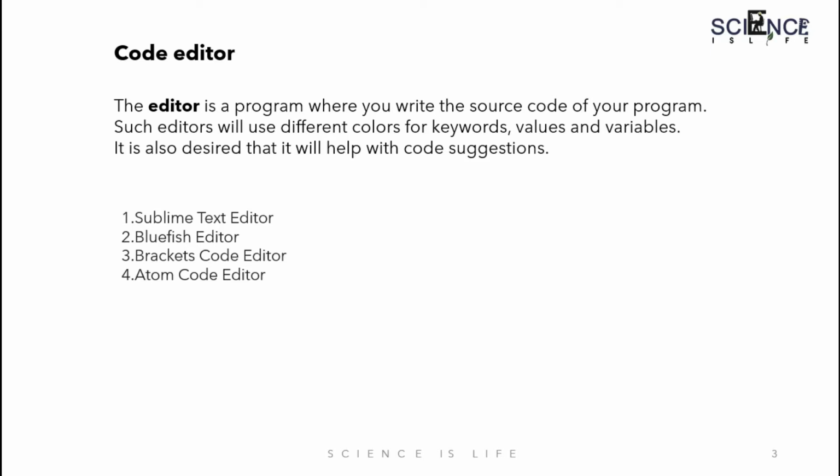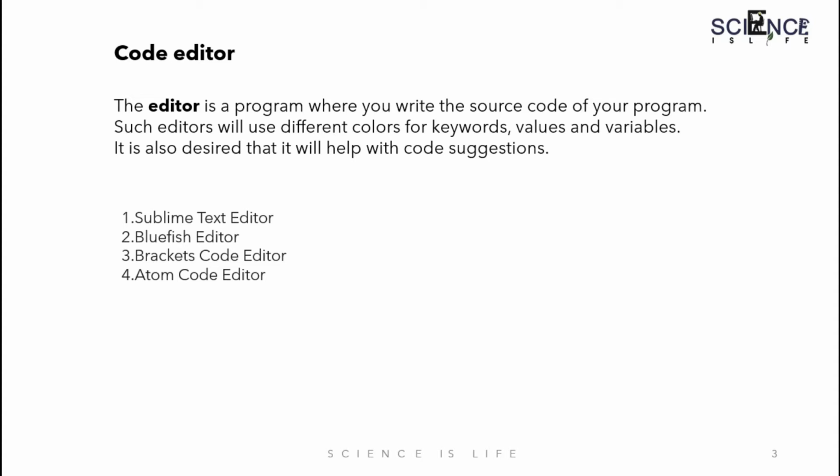So we can easily identify by the color that this is a keyword, this is a variable. As well, some code editors show us code suggestions. So you can see that code editors have been made very user friendly, and anyone can learn and code programs using them very easily, right?